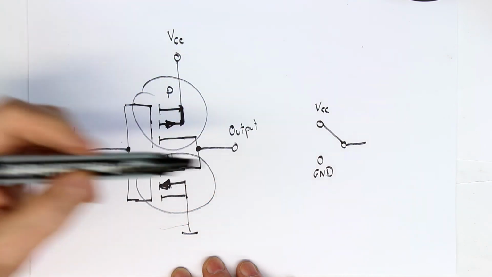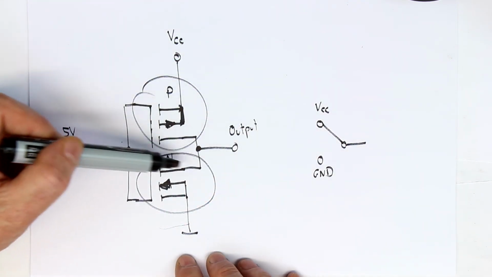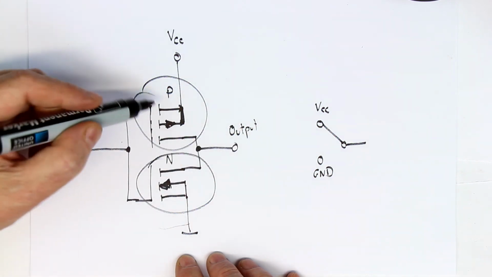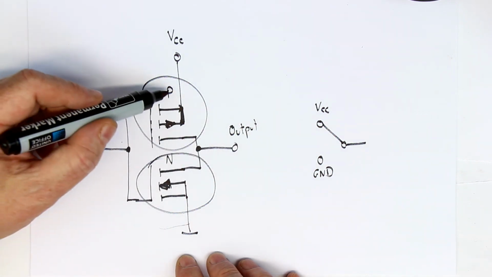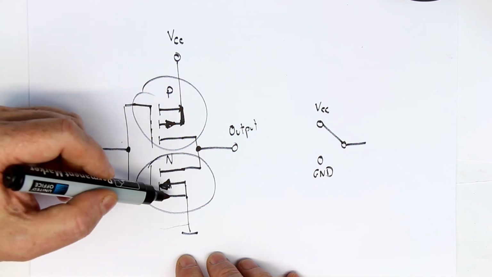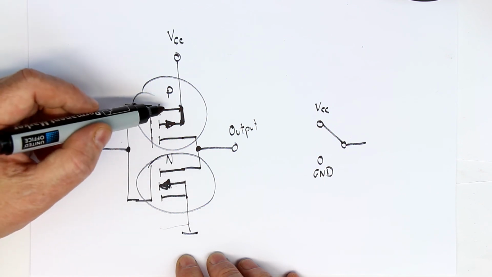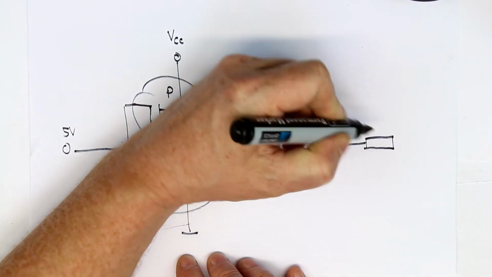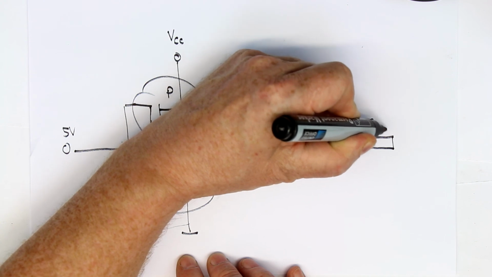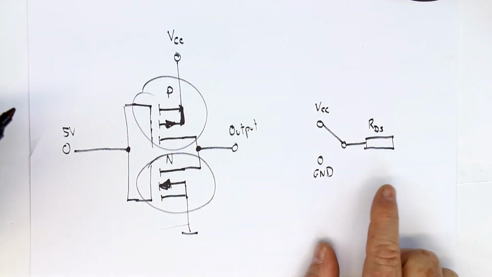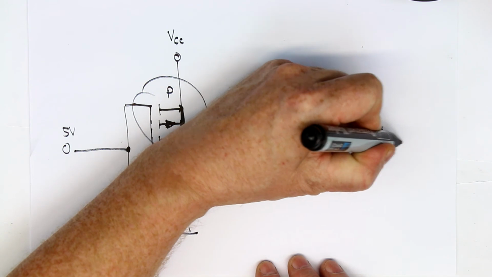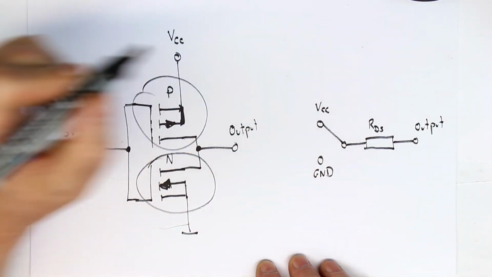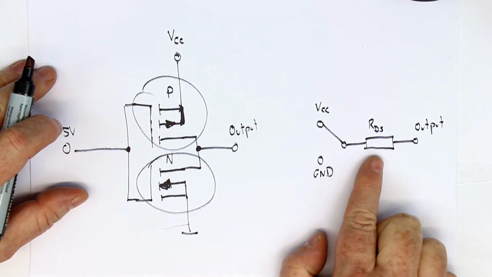But there is still one important parasitic element, and that's the drain source resistance. The two transistors in a CMOS output stage are made as equal as possible, so we can think of them as having the same drain source on resistance. And here is the output of your CMOS output stage.